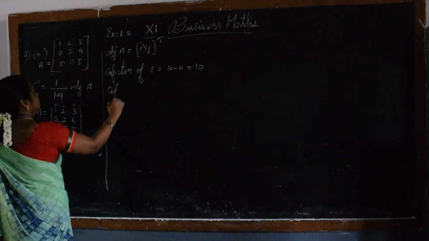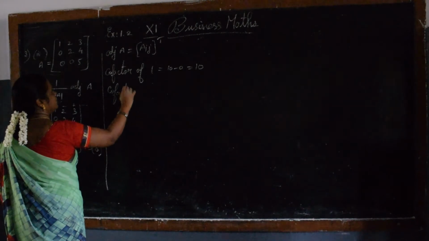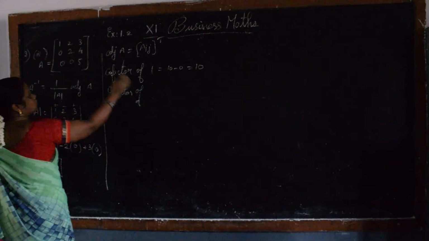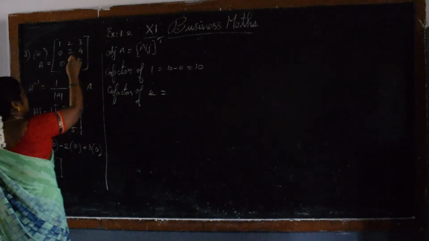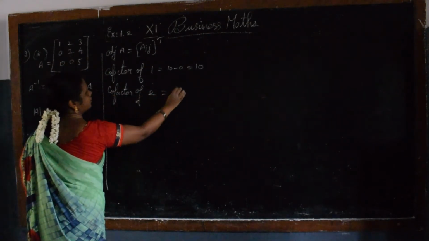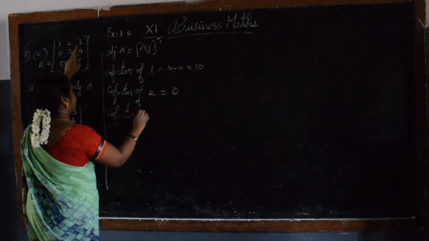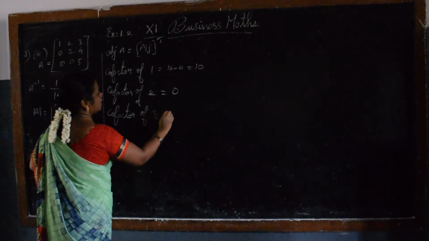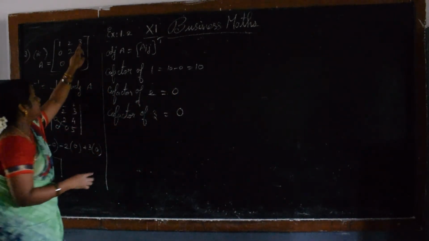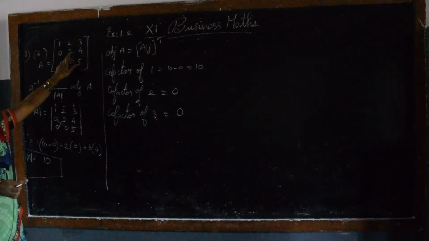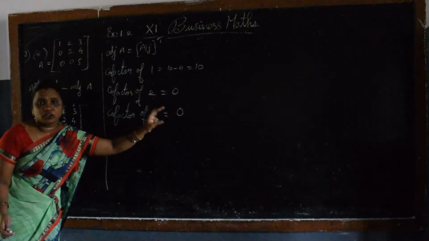Next, cofactor of the second element, 2: 0 minus 0 is 0. Next, cofactor of the third element, 3: here also I got 0. Eliminate this row and column, remaining cross multiply, obviously I am getting only 0.